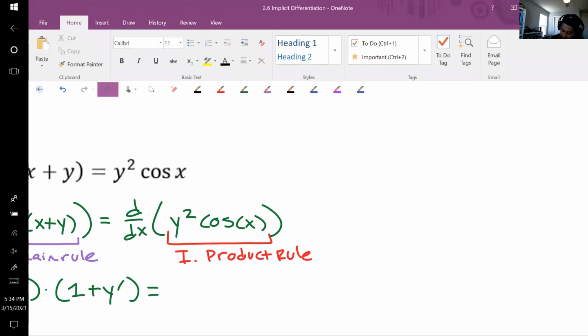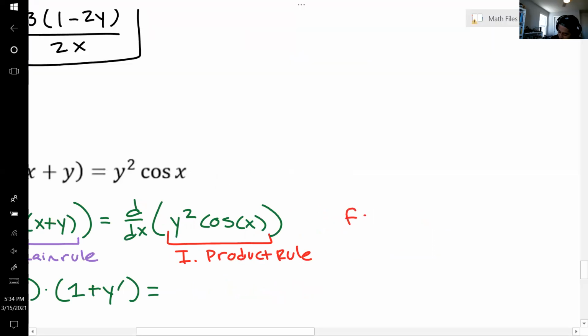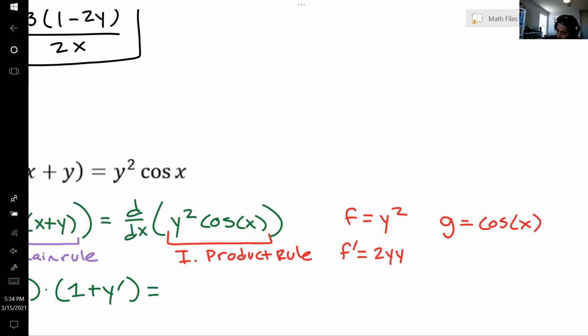And we're going to get f is y squared. g is the cosine of x. Take the derivative of f, which is going to be implicit derivative. So 2y, y prime. Take the derivative of cosine, which is negative sine x.